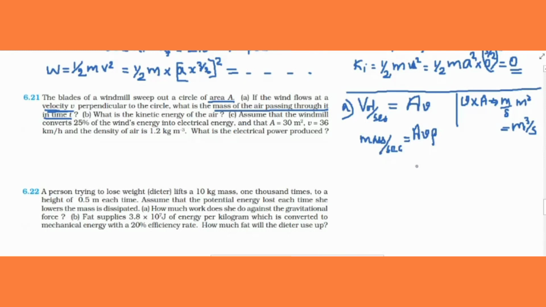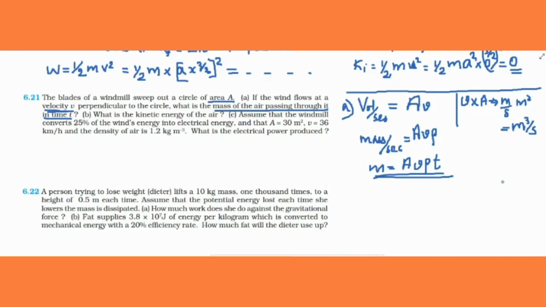So you know mass per second, then how can you calculate the mass? In 1 second, A V rho. In t seconds, you will get A V rho into t. That is the first answer, A V rho t. Answer to case A.